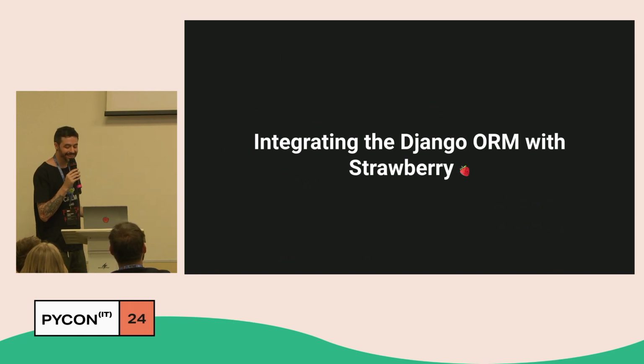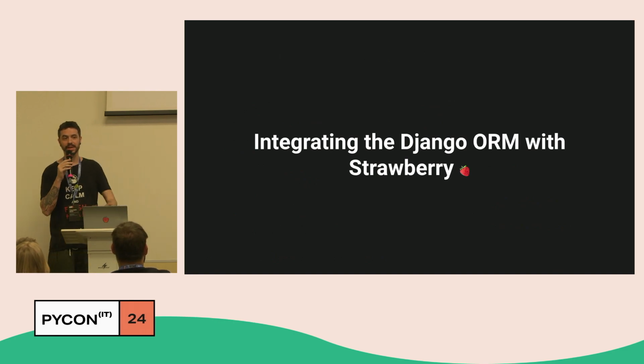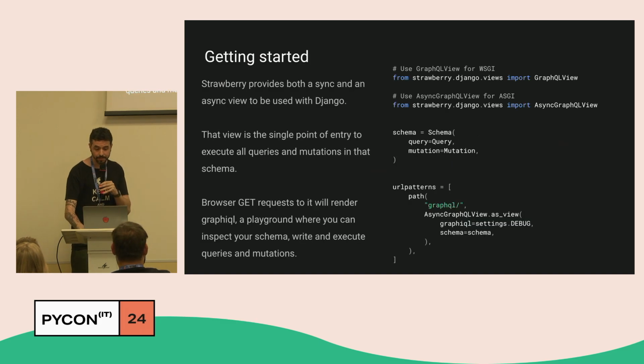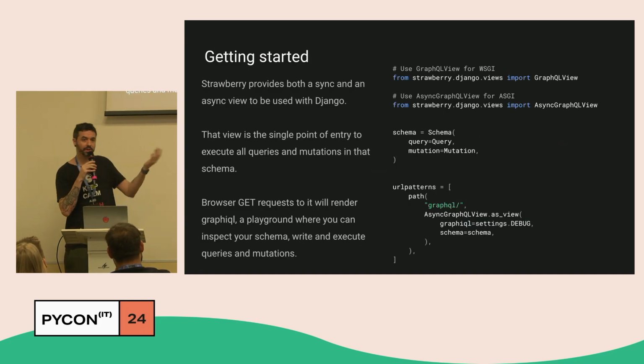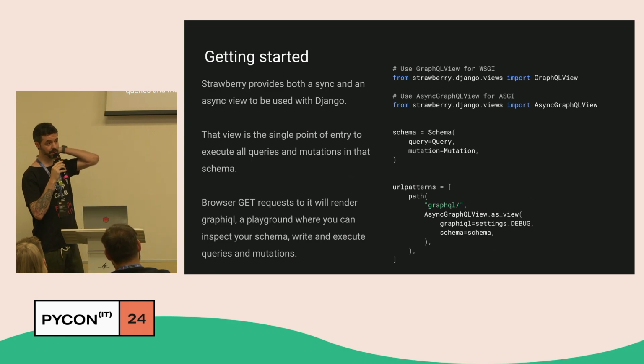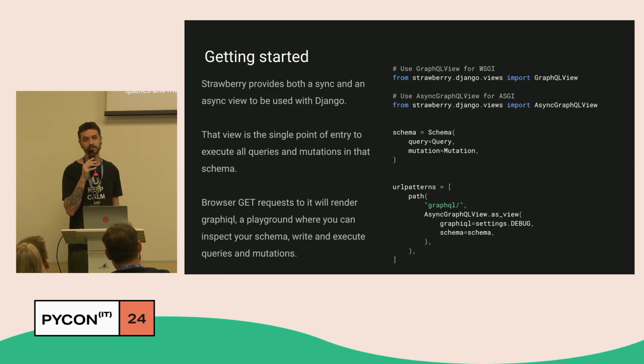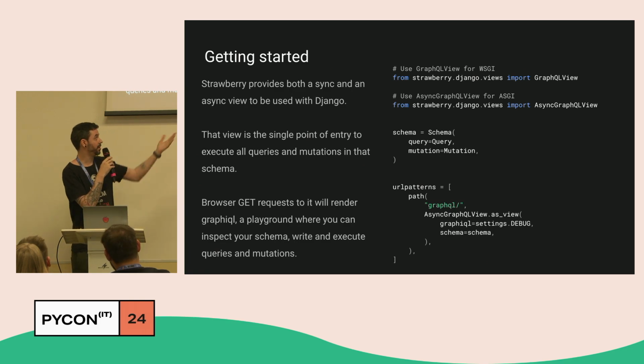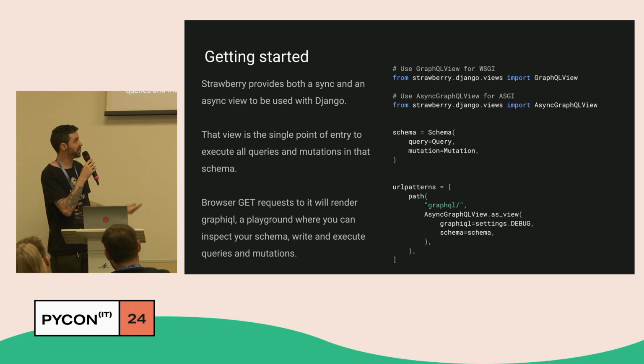And now, how can we integrate that with the Django ORM? Okay, so the first thing that we need is, of course, to expose a way to request the Strawberry itself. And we do that, like everyone that is familiar with Django knows about this.